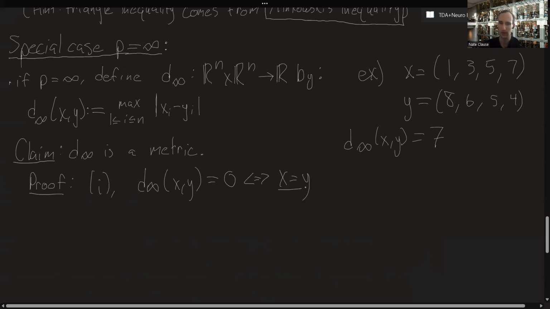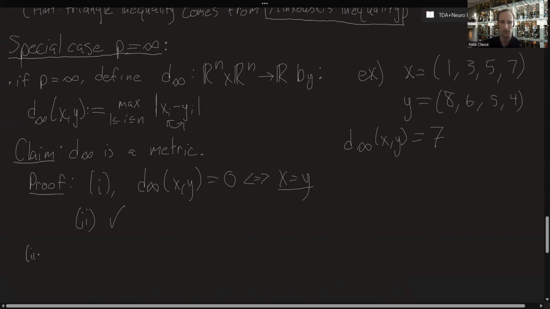Well, x equals y precisely means that x and y agree in every single coordinate. From that definition, property 1 is clearly satisfied. Property 2 is also clearly satisfied, because if you swap the location of x and y inside the absolute value, it doesn't change the resulting absolute value.